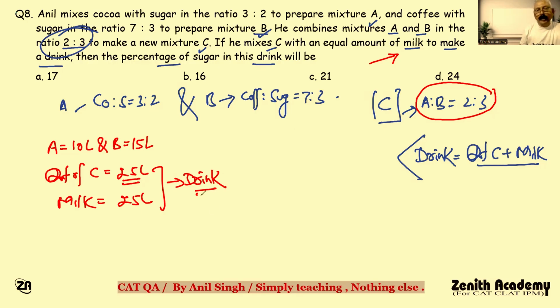In this drink, you have to find the sugar percentage. So the total quantity of the drink is 50 liters.